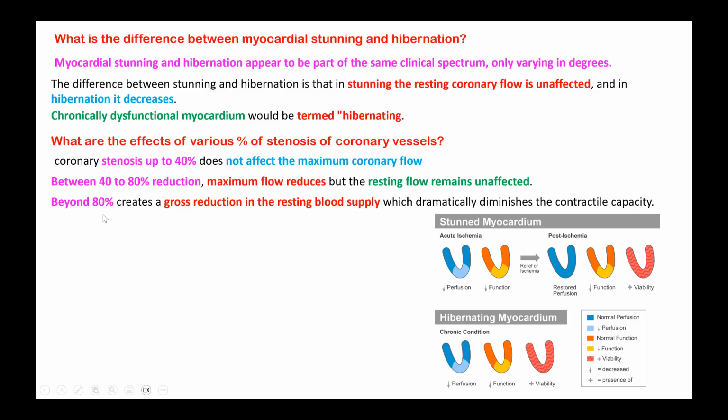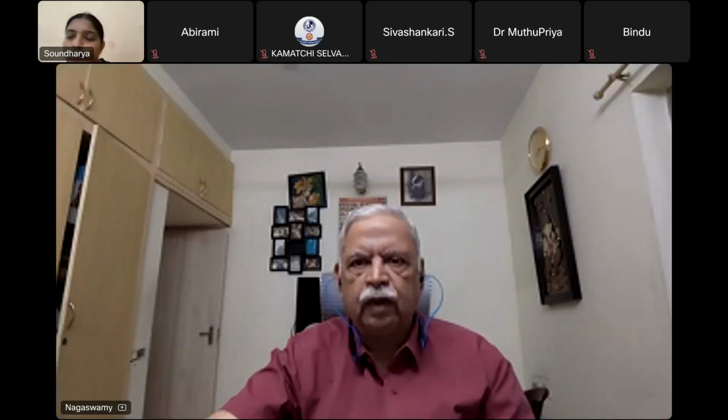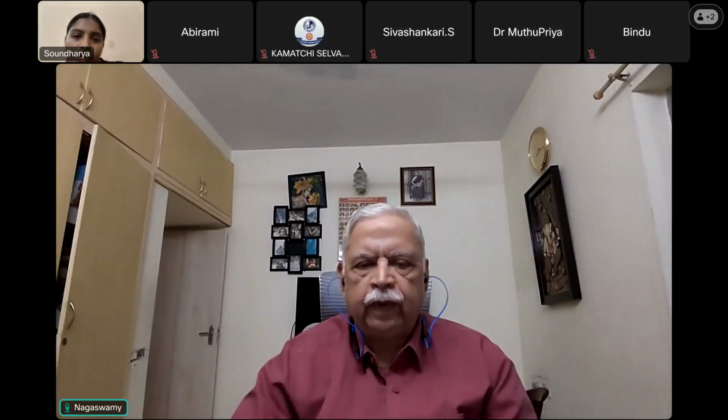But once the block becomes more than 80%, angina will come both at rest as well as during exercise because both will be grossly reduced. So this is the importance of the various degrees of occlusion. And these are the points that we have to write in case of myocardial protection.